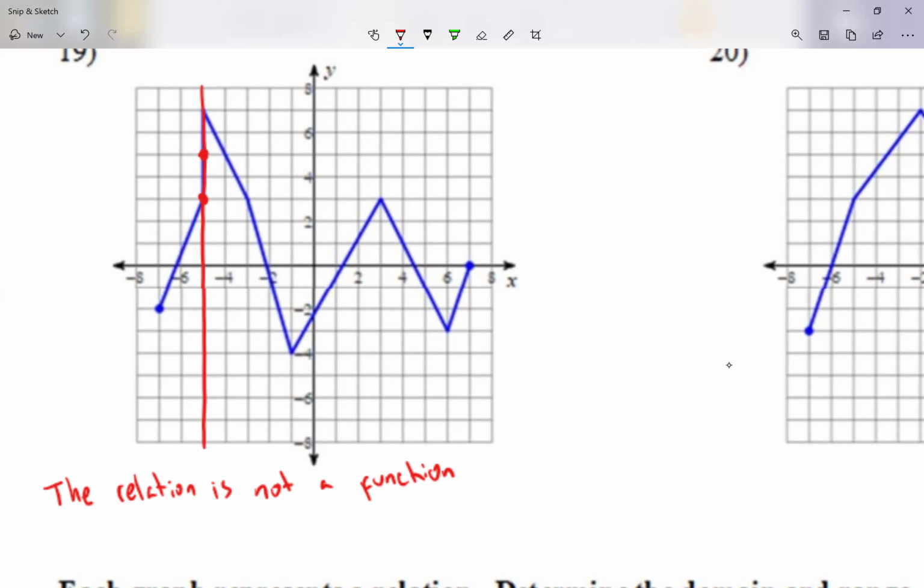I'm looking for a line that touches the graph at two different points. If I'm able to find such a line, I did my job. It's not a function. Remember, I'm the anti-function, we can call that. We're looking for a line that touches the graph more than once. As soon as we're able to find it, we say, here, that's my line. You guys see my line? It is not a function. I touch the graph at two different points.